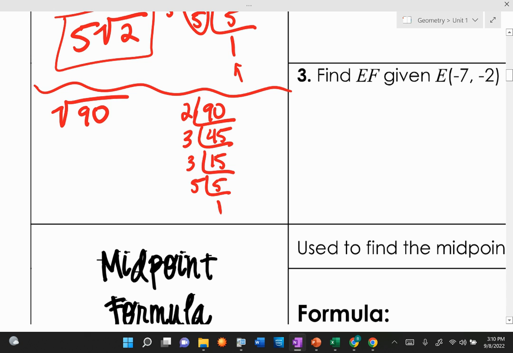Now see if you can figure out how you would do it if you have two numbers that aren't the same.